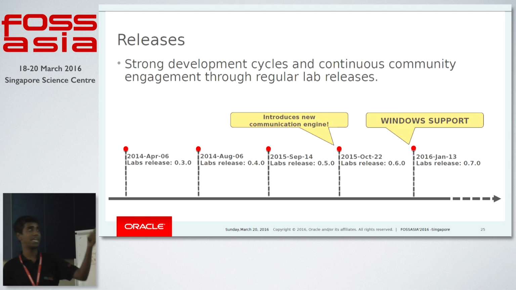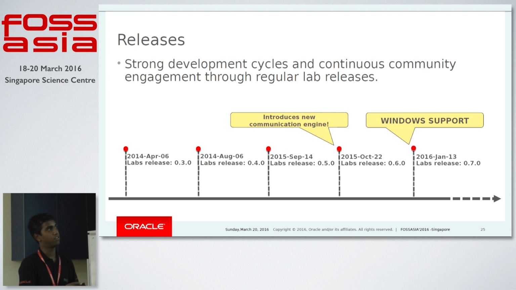This is the timeline that we have had for group replication and the lab releases. We have had 7 lab releases to date in a year and a half. The 6th one was special because till lab release 0.5.0 we were supporting Corosync as the group communication toolkit, but since 0.6 we are supporting a new communication solution, which is XCom.